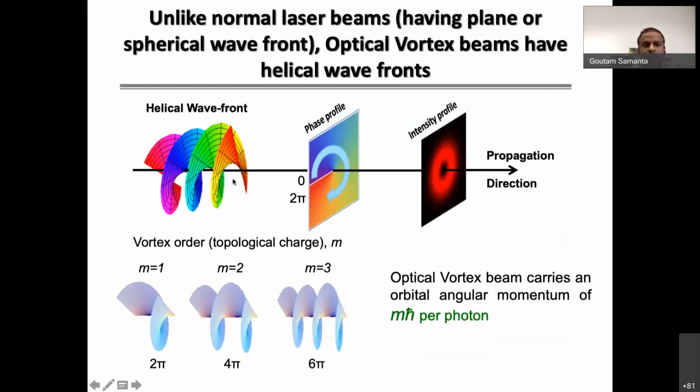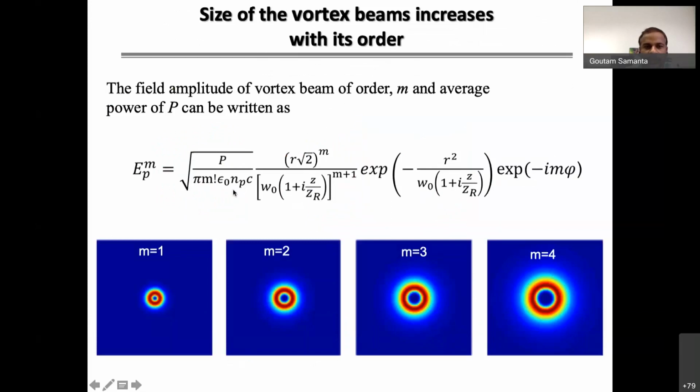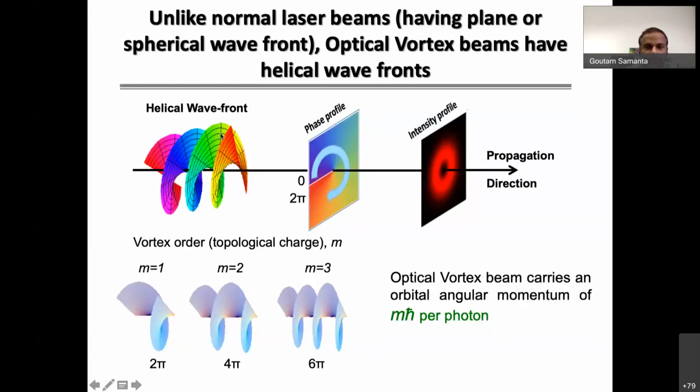Now, what is an optical vortex? Unlike a normal Gaussian beam, optical vortex beams have a donut shape. The intensity pattern is a donut, and if you study its phase profile, it has a helical phase wavefront. The phase front varies in a helix.